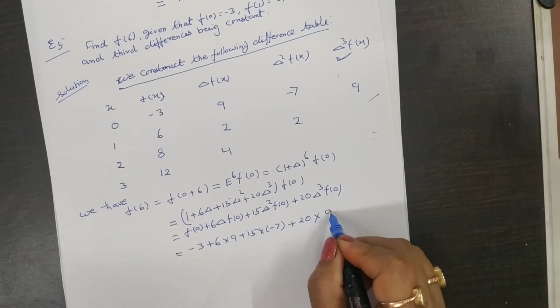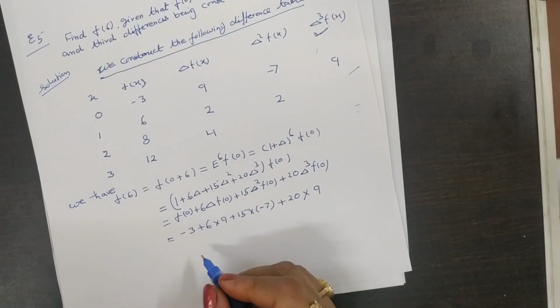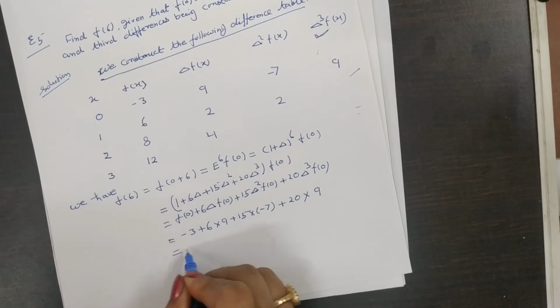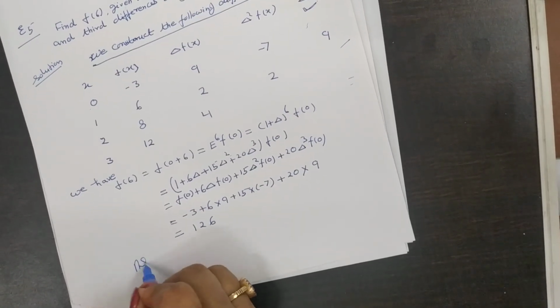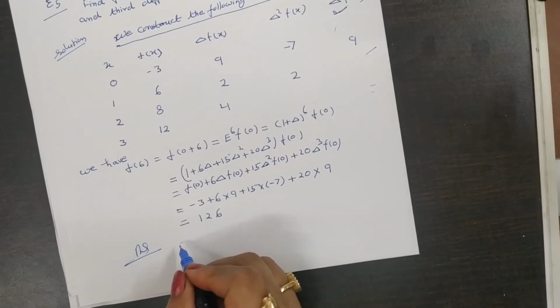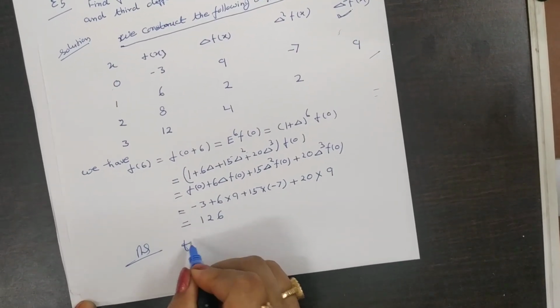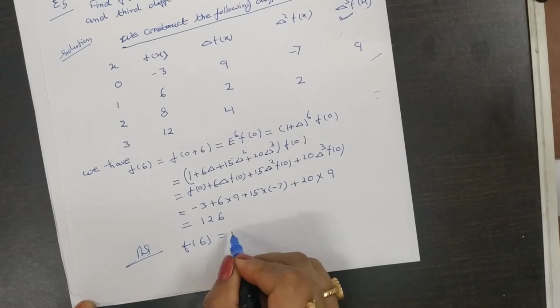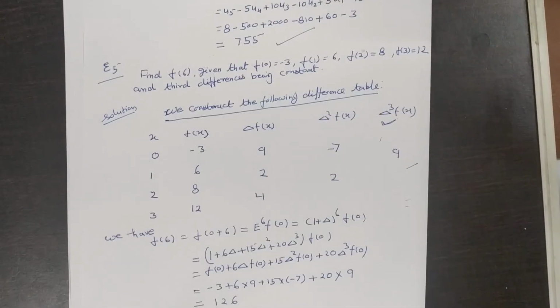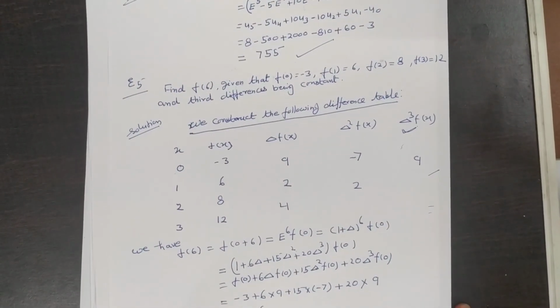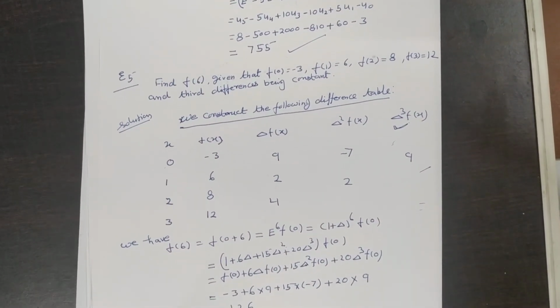Now you can solve it, and you get the value 126. So the answer is f of 6 is equal to 126. These types of questions you can solve in this form. Yes, thank you.